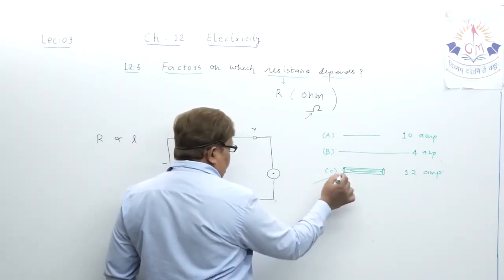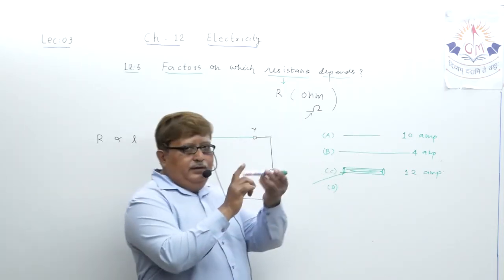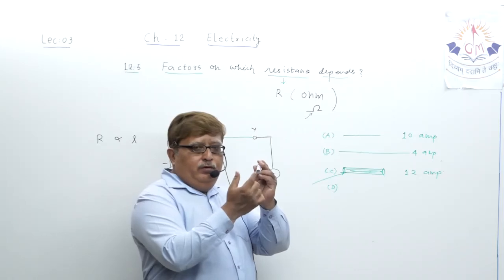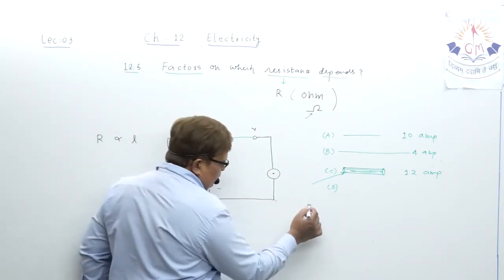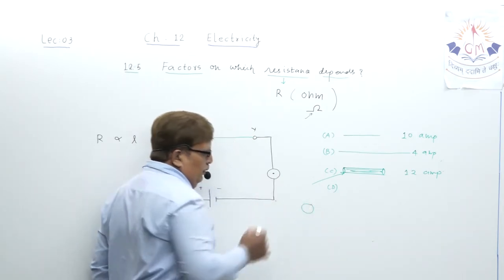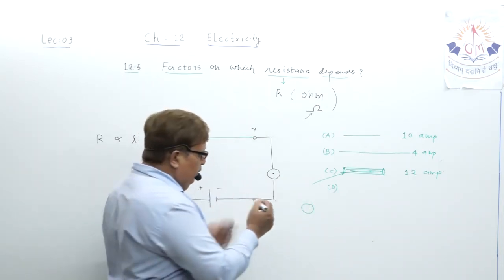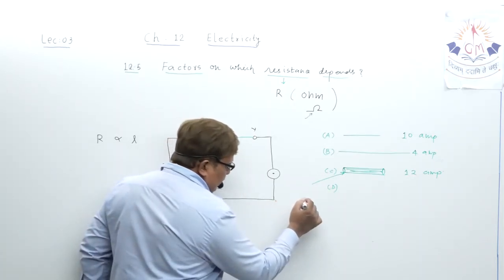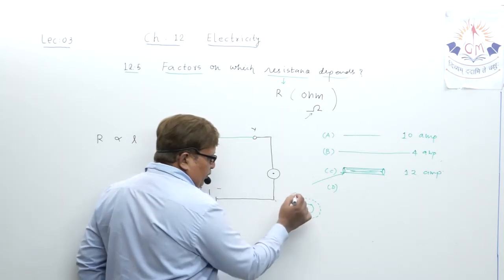Just try to observe this wire from this. This is the wire. Try to observe from here. This is the original cross sectional area. Now when you increase the thickness, the cross sectional area increases. Understood?